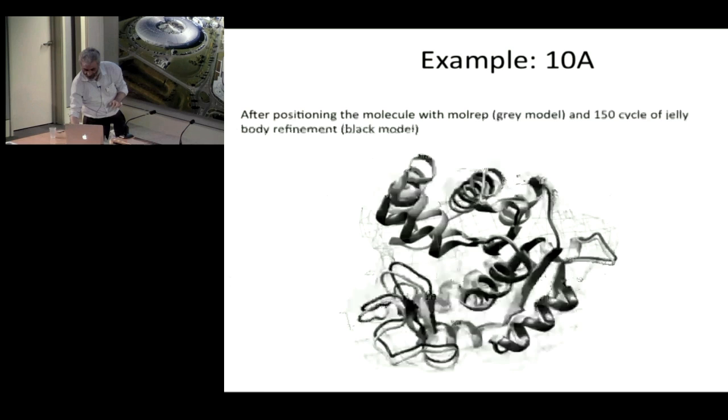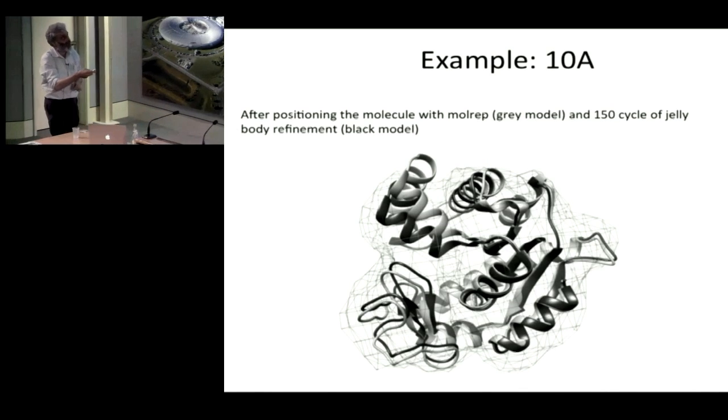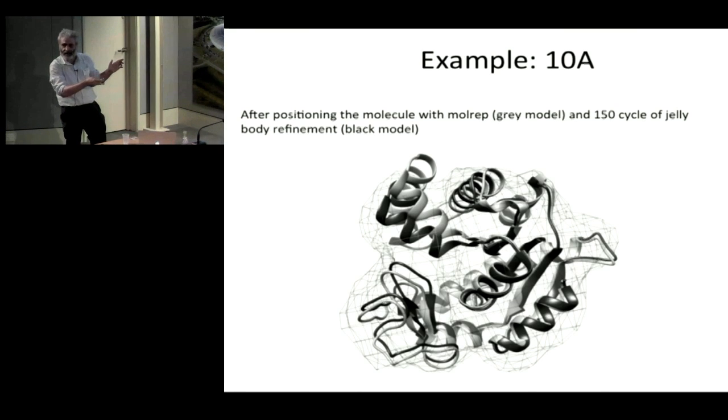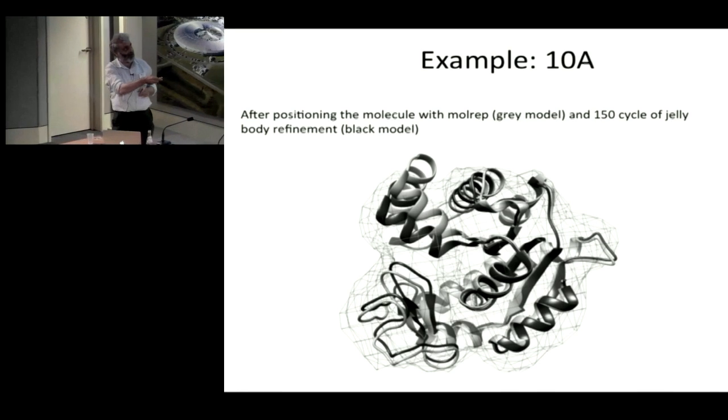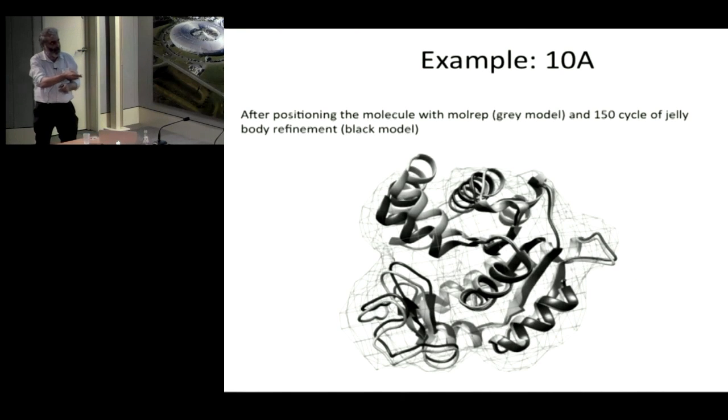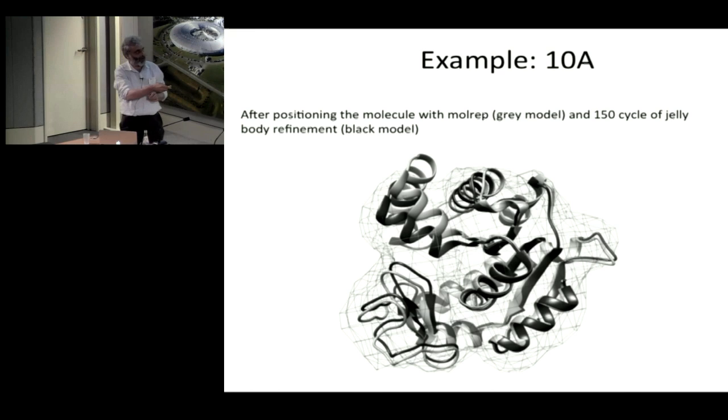Here's an example at 10 angstrom. I think it is unlikely that you will ever, or at least in the nearest 5-10 years, have EM maps at 10 angstrom for such small molecules. But I've taken that data set from Myotop's paper, and the map is at 10 angstrom.